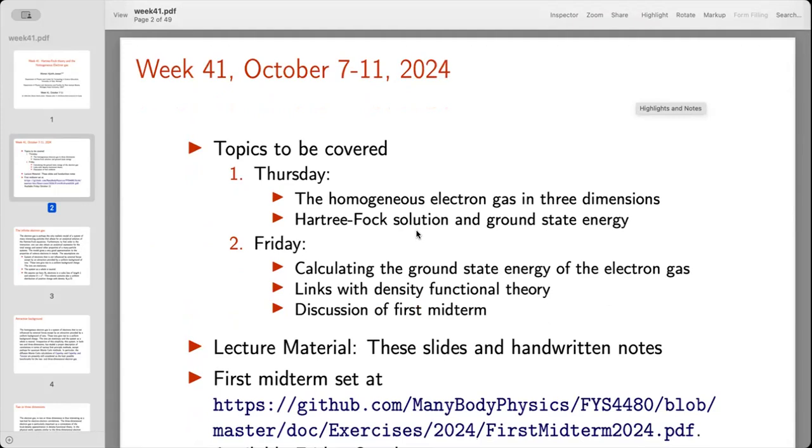For those of you who are more familiar with nuclear physics, there is a comparable system which is called infinite nuclear matter. And if you take away protons, you have something which is called infinite neutron matter, which serves as a model for the properties of the dense matter, which we expect to see in a neutron star.